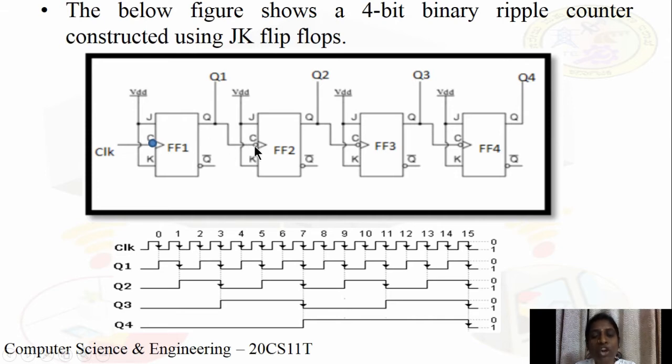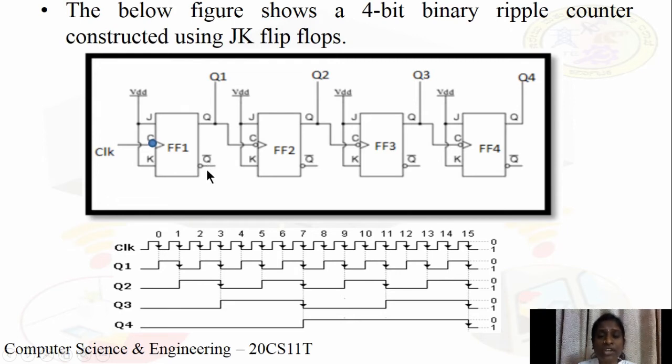This will act as a clock signal and it will change state at the negative edge or falling edge. Similarly, the second flip-flop output will be connected to the third flip-flop. That output will be the third flip-flop's clock, that too on the negative edge. Next, the third flip-flop output will be connected to the last flip-flop, or the fourth flip-flop.